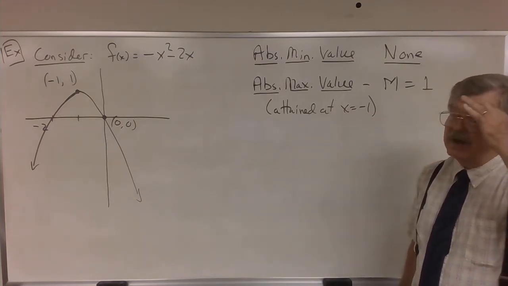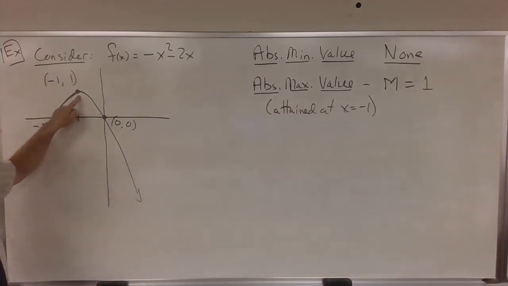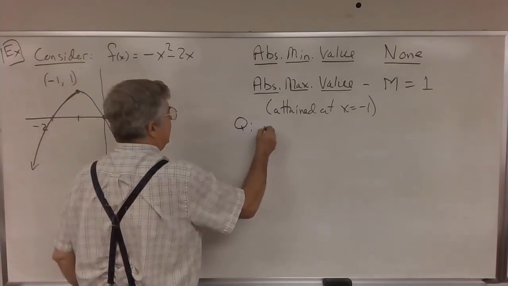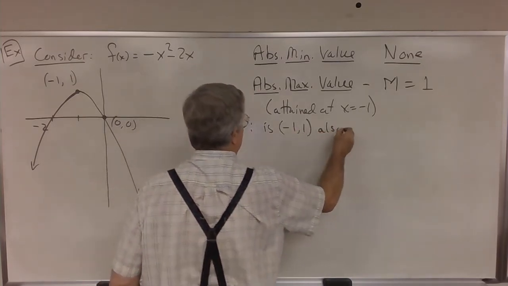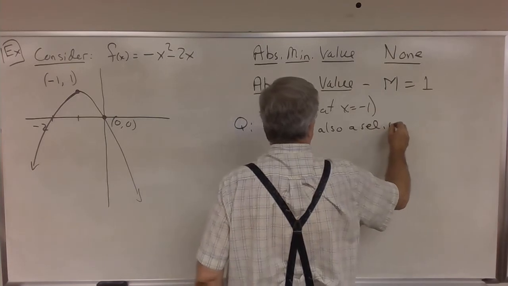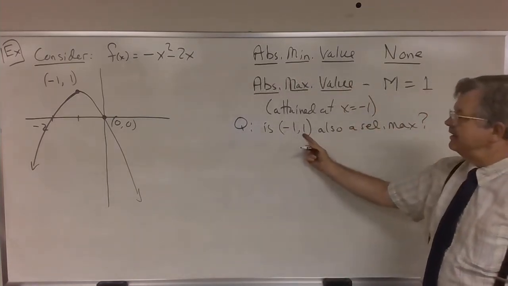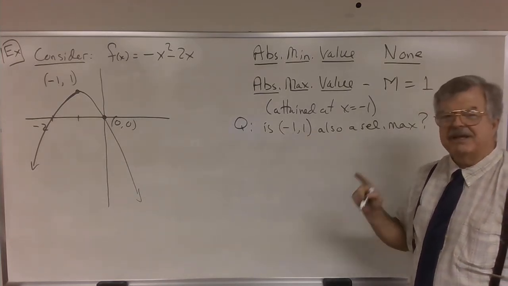Now again, we want to ask the question. We have the absolute maximum value attained at this point. Is this also a relative maximum? In order for this to be a relative maximum, then x equal -1 has to be a critical number.